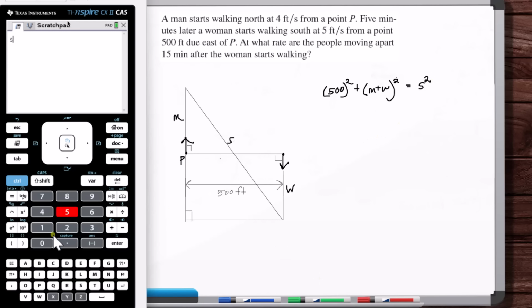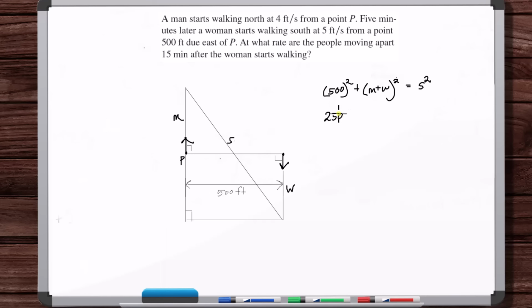So 250,000 plus, and we can expand this, we get M squared plus 2MW plus W squared is equal to S squared. So now let's take the derivative of this with respect to time.